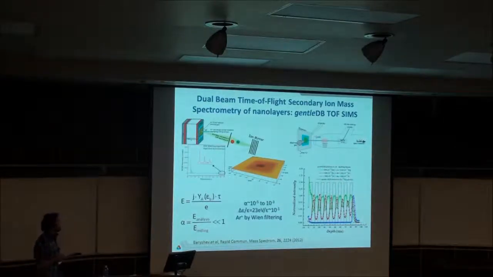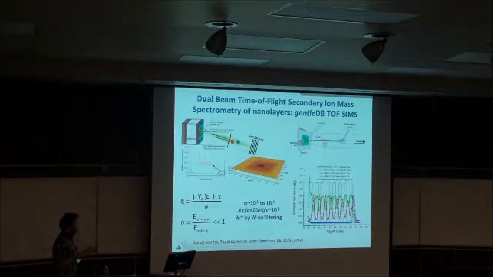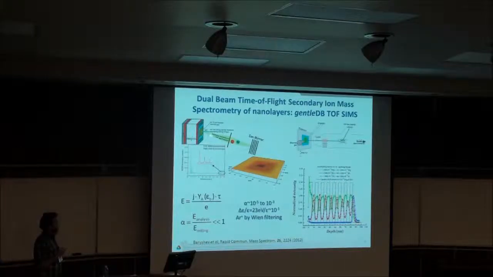Okay, now I want to briefly describe our approach to the next investigation in what follows. So this is our secondary ion mass spectrometry, and we're doing so-called dual beam mass spectrometry. Basically we have two separate ion beams, one just for milling and the second one for analysis.